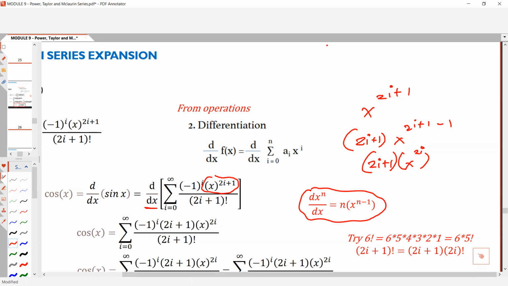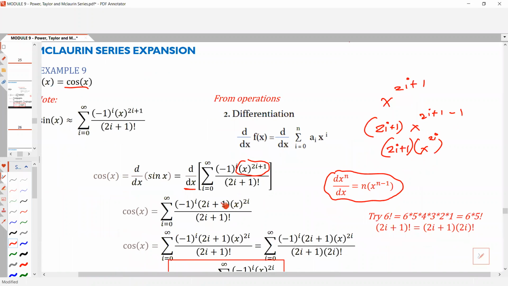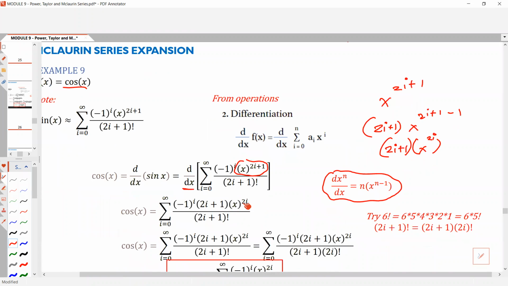So, yan yung ating power series expansion. That is the derivative of your power series. So, 2i plus 1, x raised to 2i, and all this term is left hindi ginalaw. Kasi that is a constant.